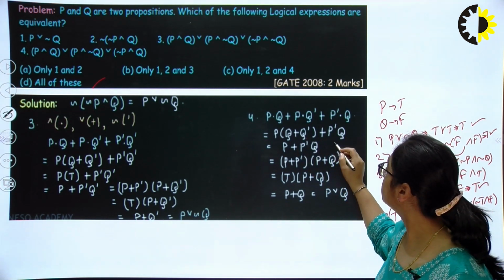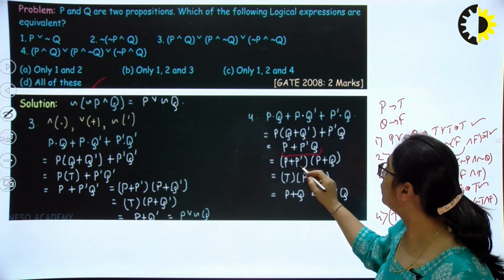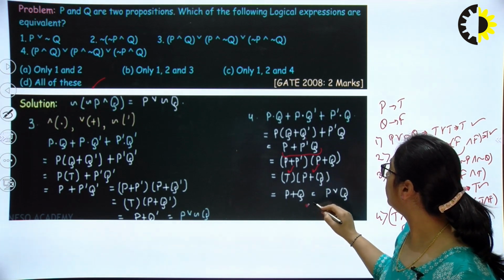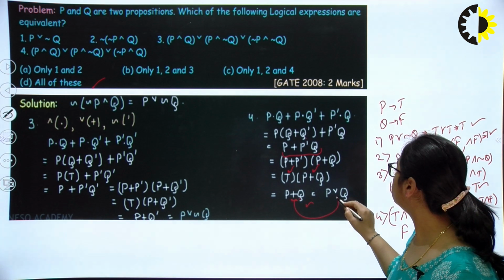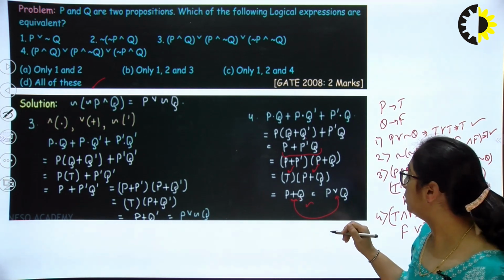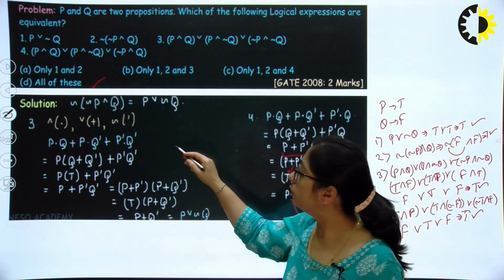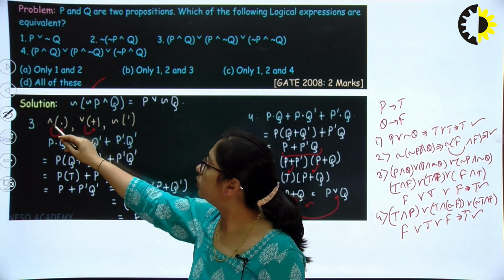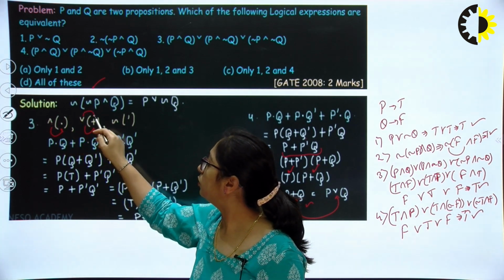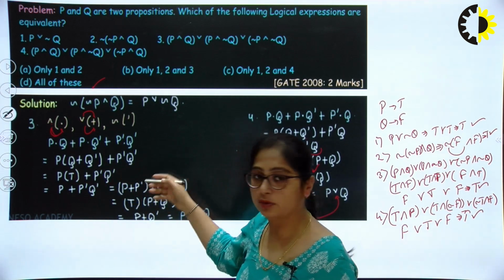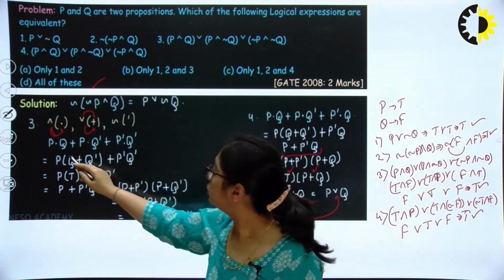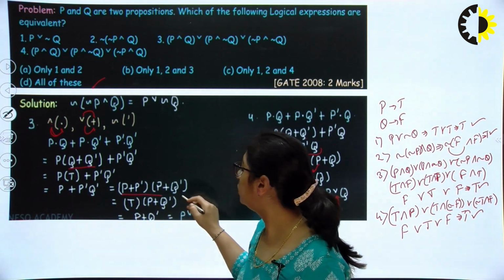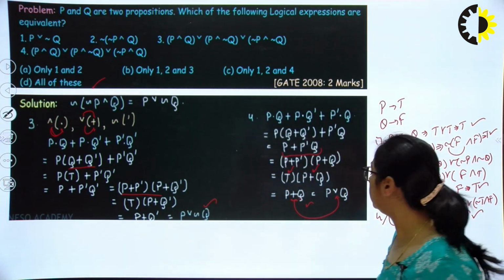Again we apply the distribution law, which again gives a true value, so this will give you p plus q. The or operator is equivalent to the disjunction. Similarly, firstly you convert the operations, conjunction with or and disjunction with and, based on the various laws, the distribution law. Here we apply the distribution law, which is always true, and again apply the distribution law, which is equivalent.